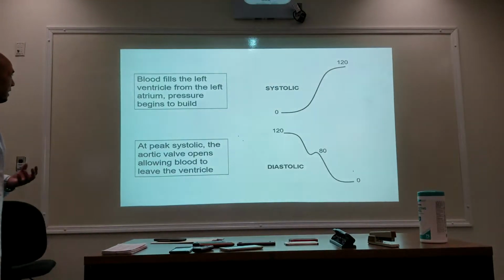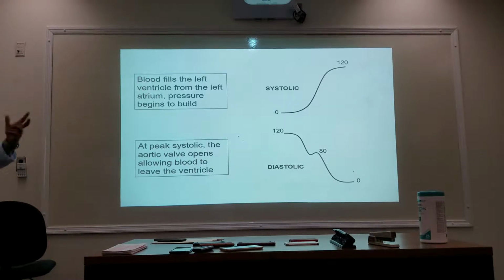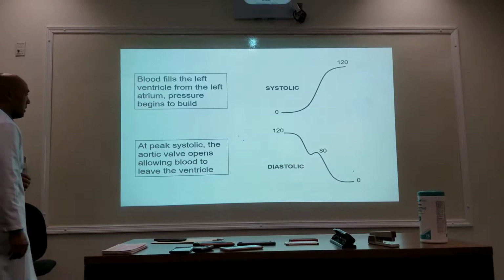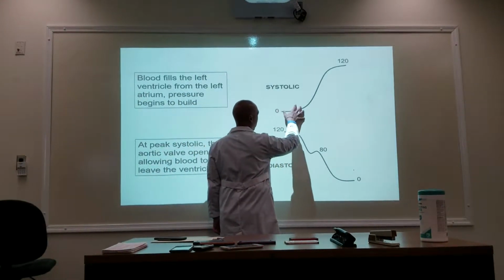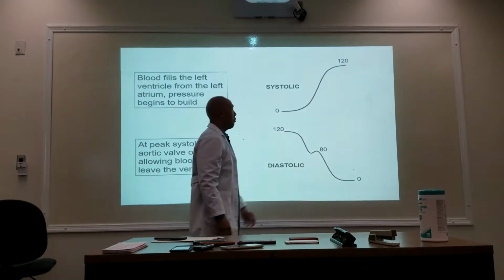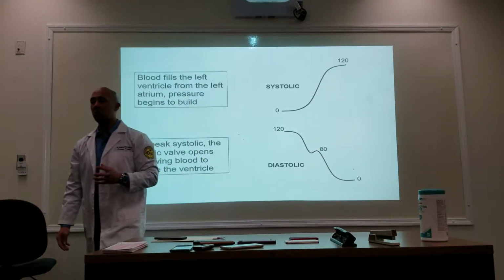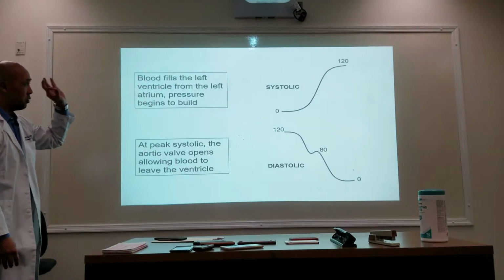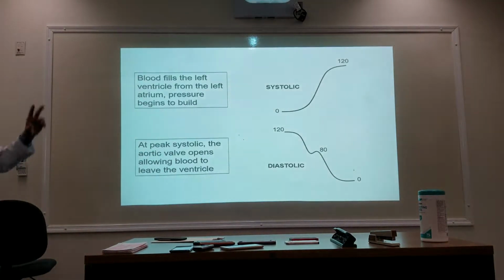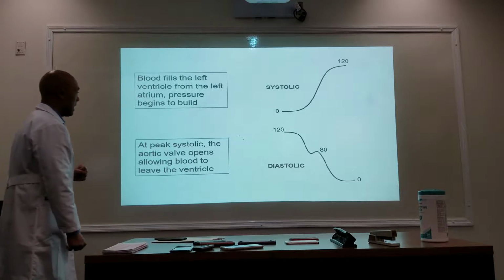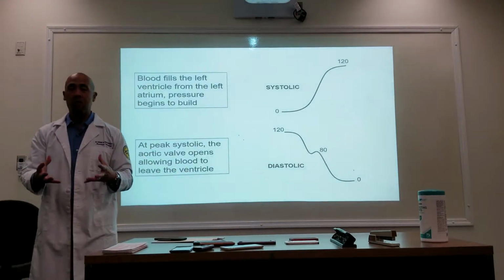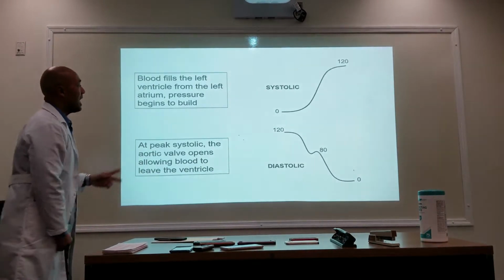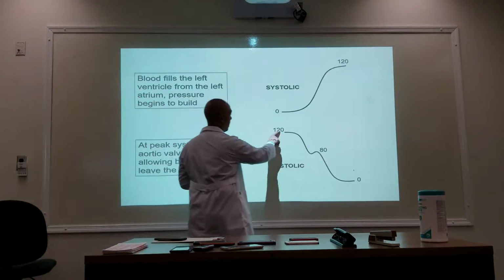In reference to the ventricle, again referring to blood pressure, the blood fills the left ventricle from the left atrium. As blood is filling up, the pressure starts to rise. Once it hits maximum pressure around 120, this is again your average normal individual, it'll cause the aortic valve to open up, allowing the blood to flow through, and the pressure drops again from 120.